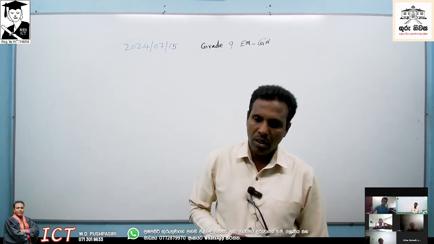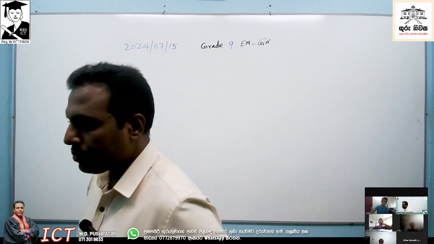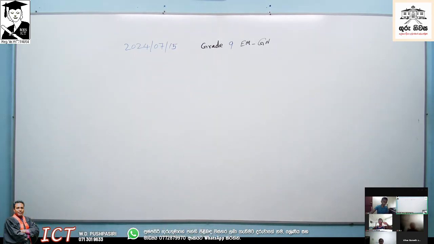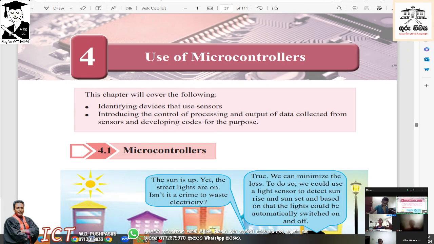Okay, now there is a dialogue. So we will go through the book. You can see the book with you. In this chapter we will cover the following: identify the devices that use sensors.